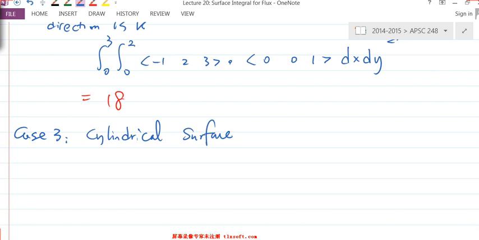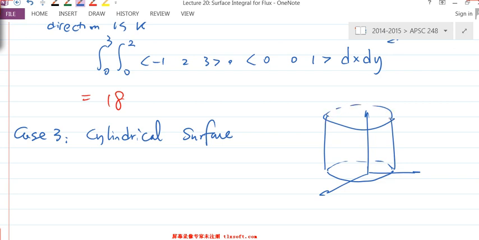We may have to deal with a cylinder-like object with a cylindrical surface centered around the z-axis, and we want to evaluate the flux through this cylindrical surface.